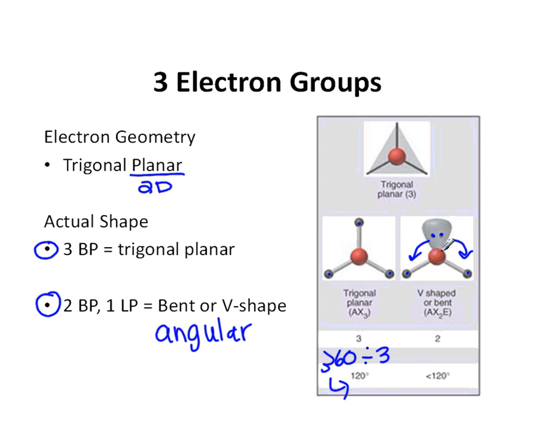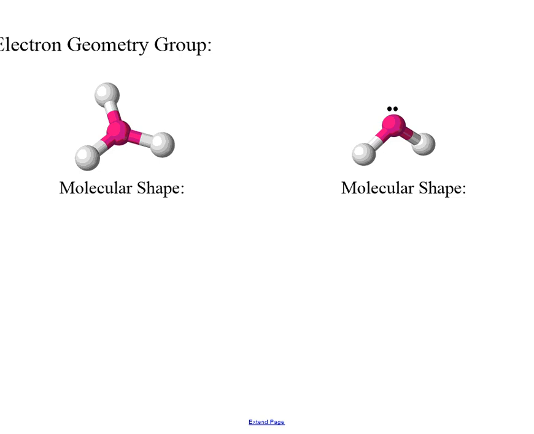Over here, when you introduce a lone pair, you'll notice that the bond angle changes slightly. It says less than 120, but we're just going to assume that it's approximately 120 because the exact bond angles can vary depending on the atoms that are there. So we'll just approximate the bond angle to the same 120.